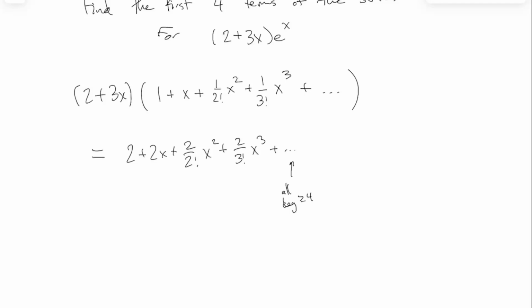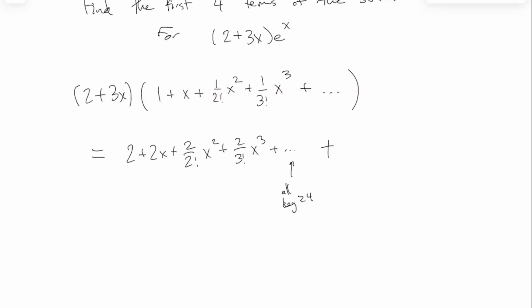And so when it comes to my answer, which is supposed to have the first 4 terms, I don't actually care about any part of those 3 dots there because these are all higher order terms which will not appear in my answer. So we don't have to worry about what exactly is in the dots. And then plus, I'm also going to distribute 3x across this whole thing.